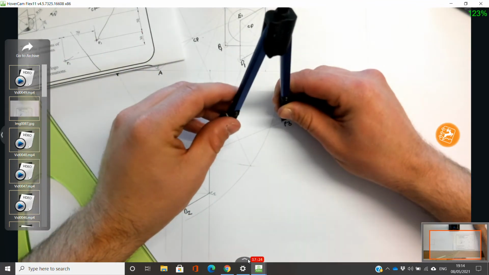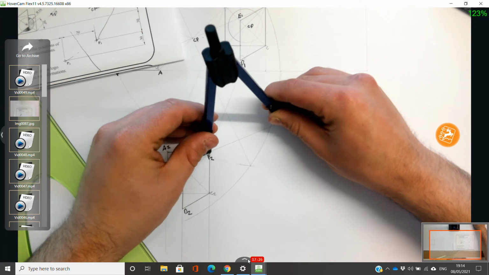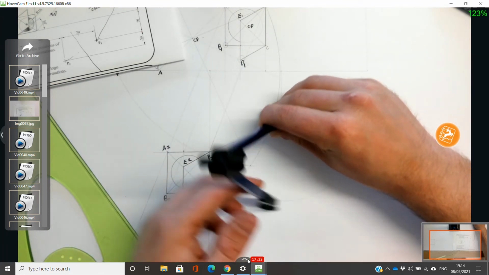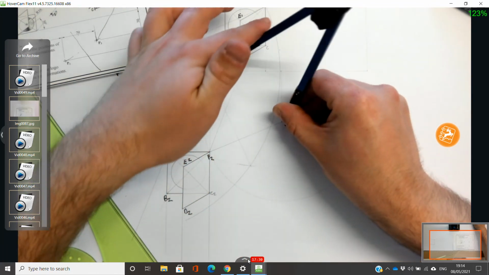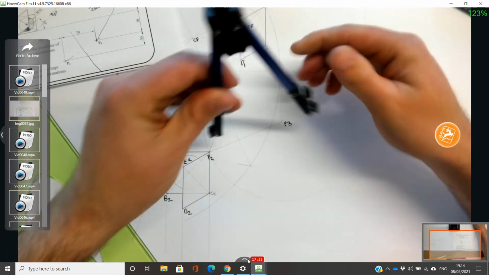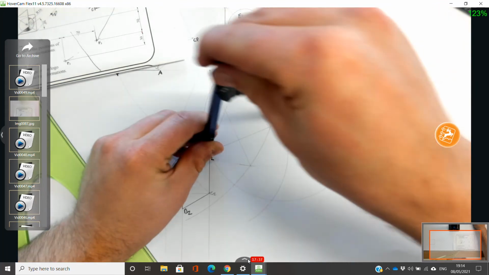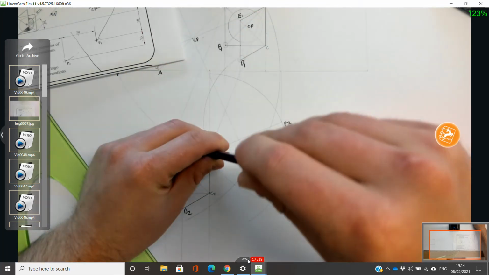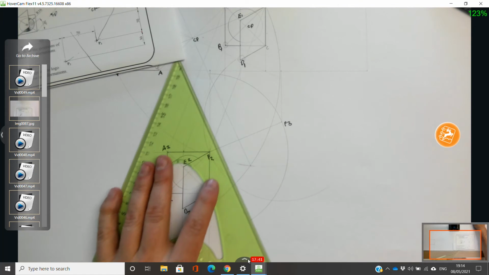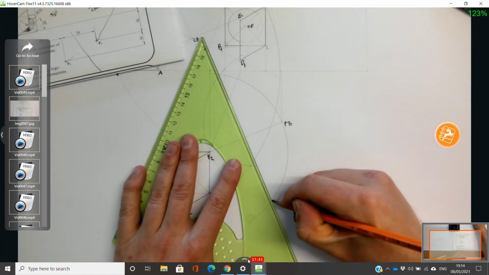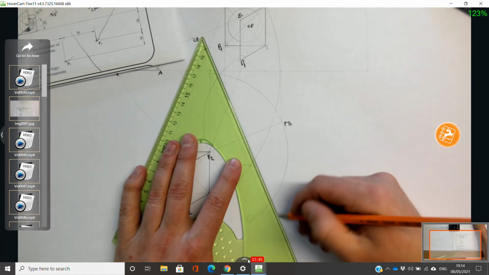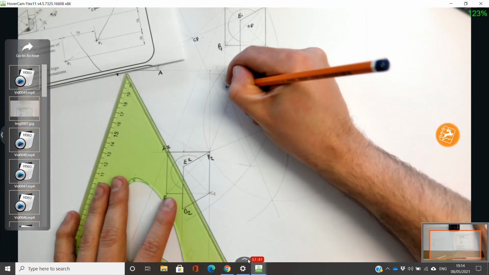Okay, that could certainly be something students would do. I'll set my compass to the length of the line, swing from P2 and P3, to join them together. So here is the axis here.